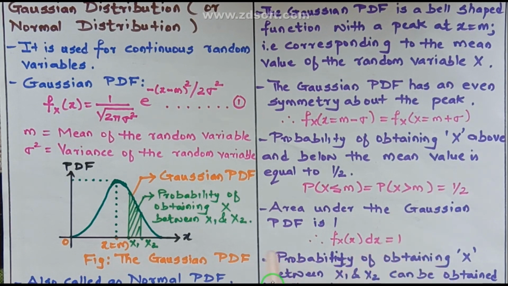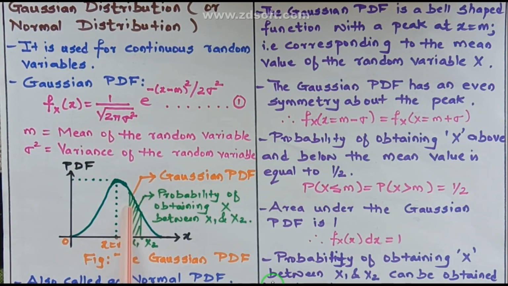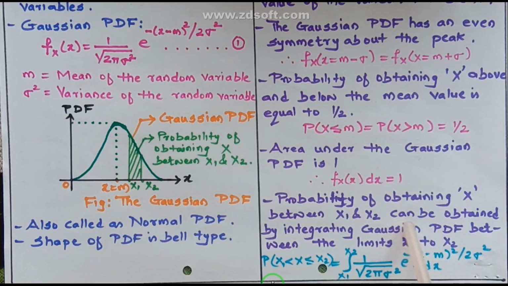And one more thing, this is a point x1 and this is a point x2. This shaded region with green color shows the probability of obtaining x between x1 and x2. So the probability of obtaining x between x1 and x2 can be obtained by integrating the Gaussian PDF between the limits x1 to x2.